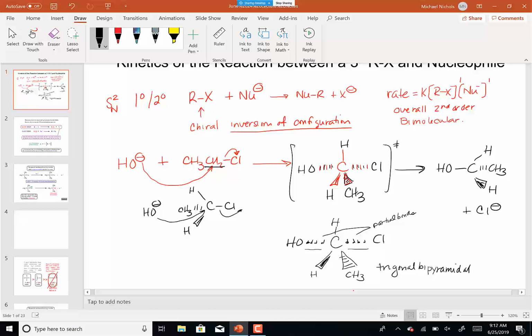So if we look at this, we have no carbon-oxygen bond on the left in the reactant, and on the right we have a carbon-oxygen bond, so the average of that is a partial oxygen-carbon bond. In the ethyl chloride we have a carbon-chlorine bond. In the product we have no carbon-chlorine bond, so what's the average? A partial carbon-chlorine bond.